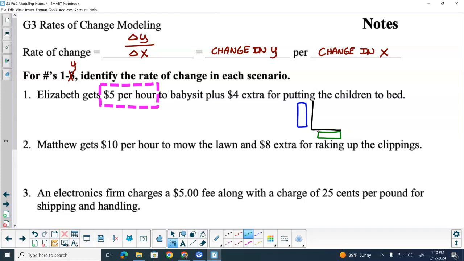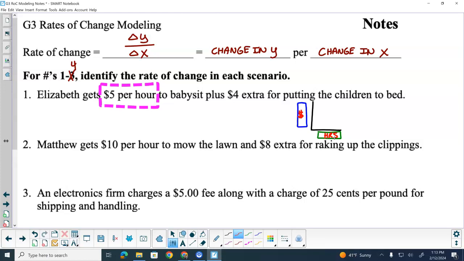And on the vertical one, money. Because in a rate of change, the vertical is the first label, the horizontal is the second label. Vertical, then horizontal. Change in y over change in x.